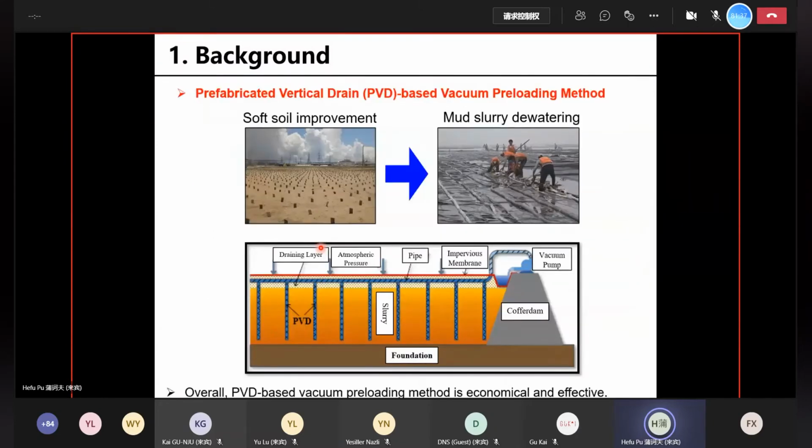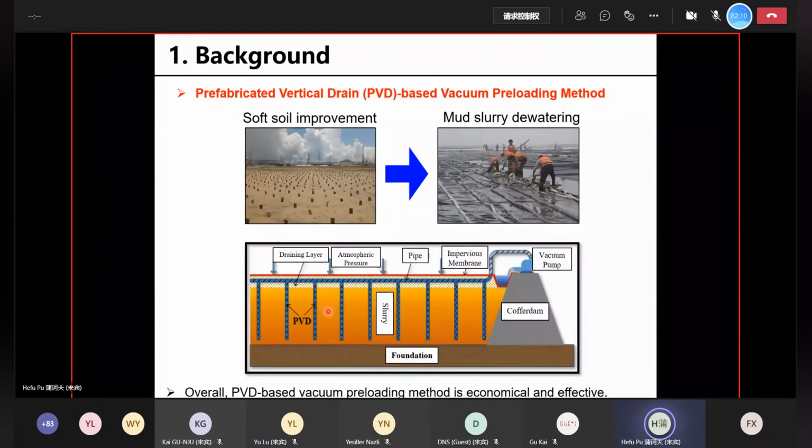And there are many methods out there to treat the high water content mud slurry. One commonly used is the prefabricated vertical drain, the PVD-based vacuum preloading method. This method has been used for many years in the field of conventional geotechnical engineering for soft ground improvement. And more recently, people have started to use it for mud slurry dewatering. So the idea is simple.